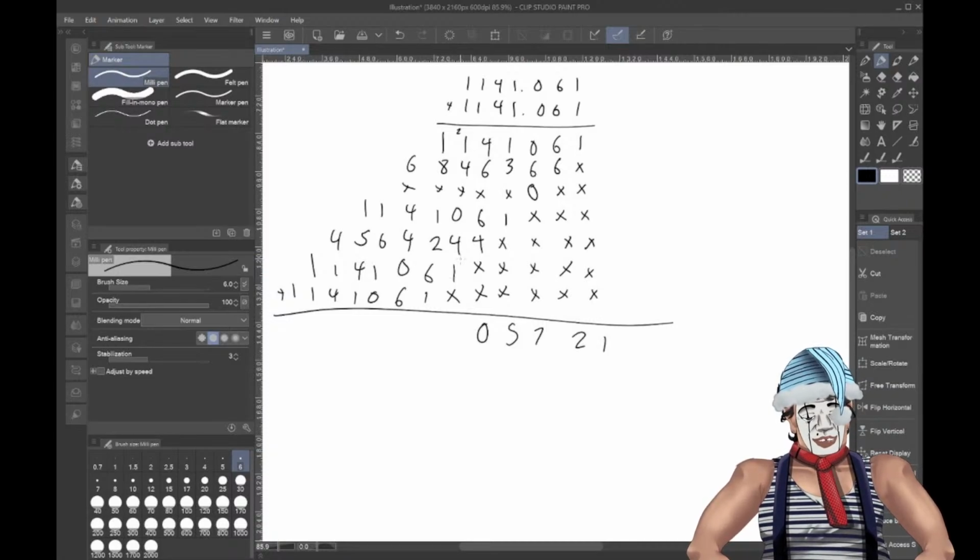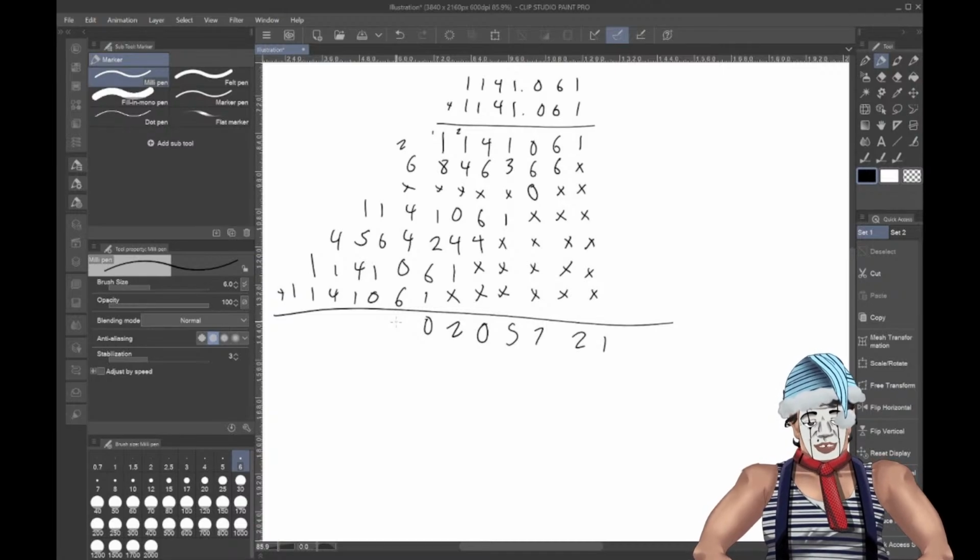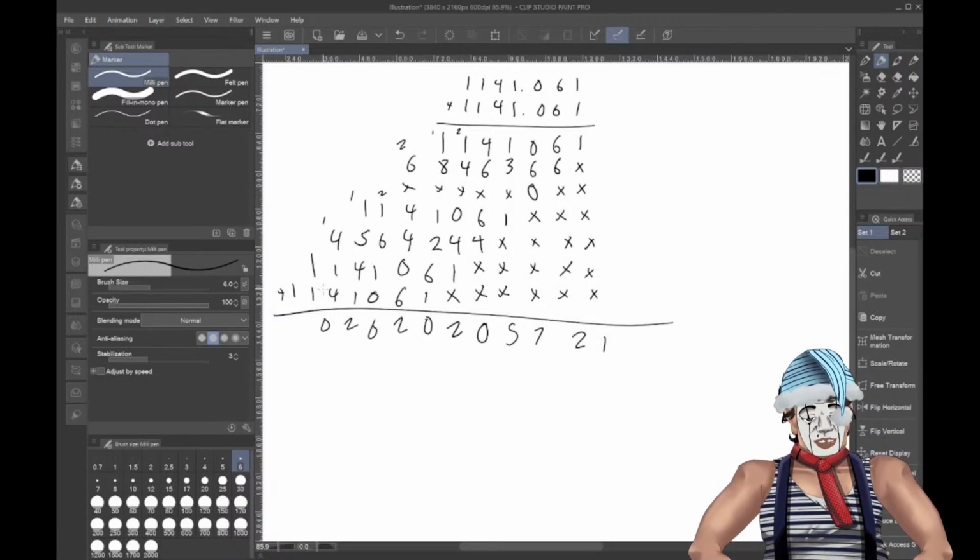You get 18, 20 again. You get 10, 16, 22. Okay, you get 10 again. Let's see, that's 10 plus 2 is 12. That's 10, 3, 1. Move over 6 decimal places.